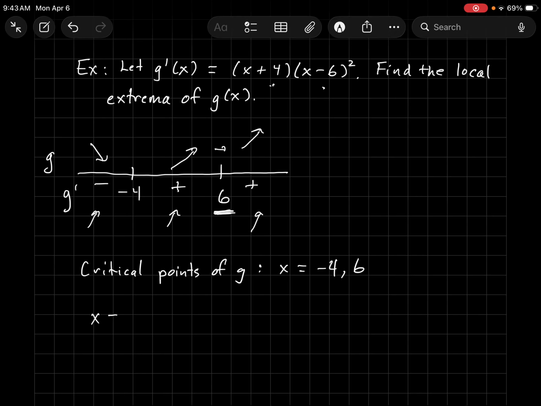But at x equals -4, we do have a local extremum. In this case, we have G has a local minimum because G prime is 0 and G prime changes from negative to positive, meaning G changes from going down, decreasing, to going up, increasing.